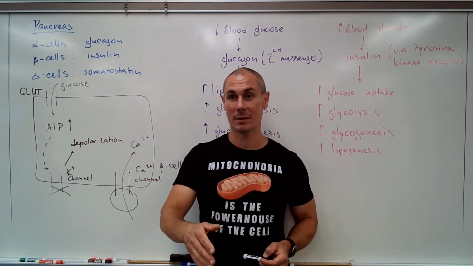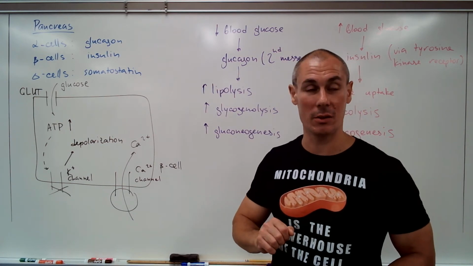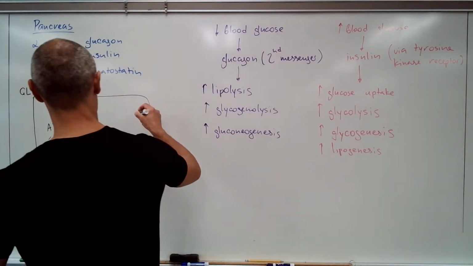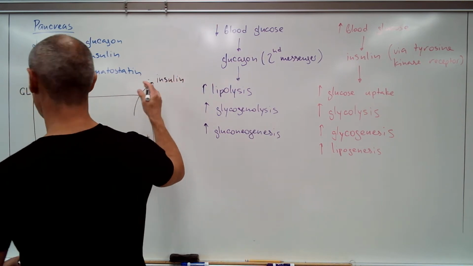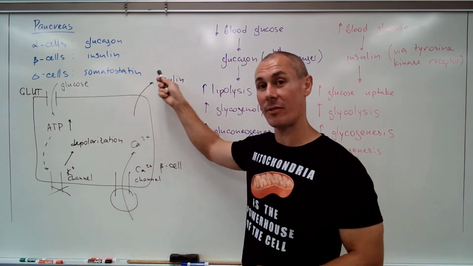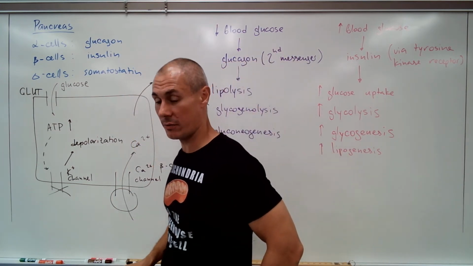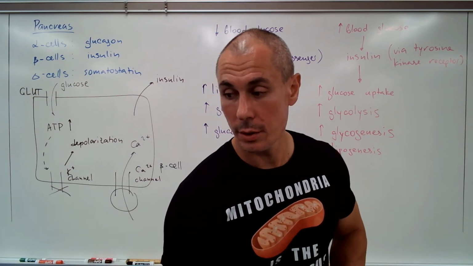Does that make sense? Here, calcium enters the cell and stimulates the release of insulin from the vesicles. So to some extent, this is akin to the release of neurotransmitter. Does that make sense to you? So going over this stuff again.